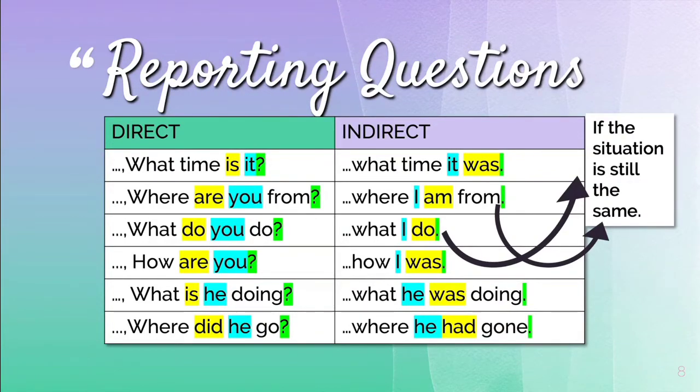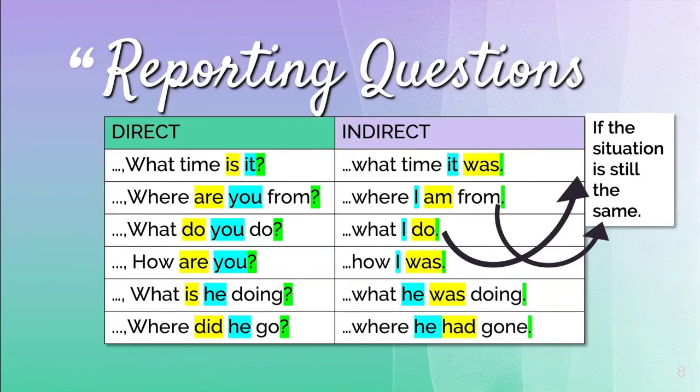So again, notice the order of the words. In the question, we have the auxiliary first, then the pronoun, and then the main verb. In the indirect sentence, we have the subject first, in this case he, then we have the auxiliary or helping verb was, because it is in the past, because it's indirect, so it's always in the past.